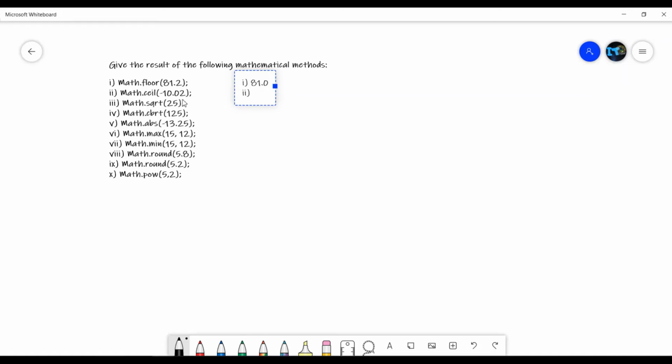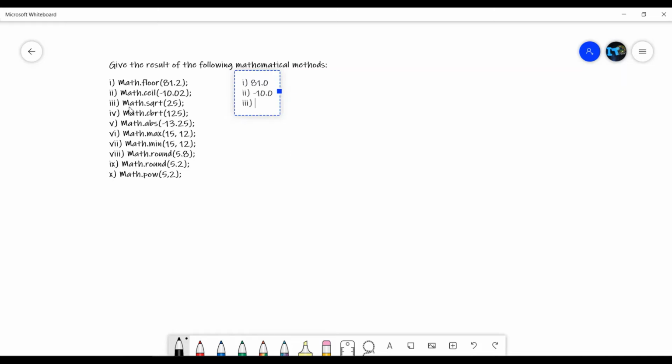So for this negative value, minus 10.02, rounded up means it returns minus 10.0. If it is a positive value like 10.02, then the rounded up value will be 11. So the ceil method returns 11.0.